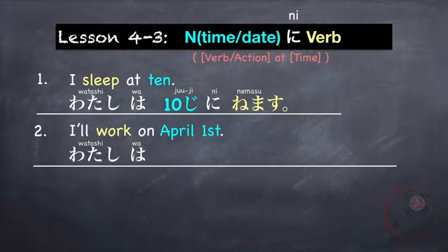Now to ask a question, what time do you sleep? Or what time do you do a certain action? あなたは, you. What time is 何時？あなたは何時に寝ますか？ So the particle ni is added if there's a numeral.